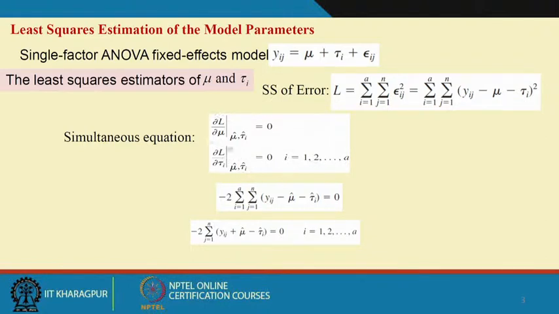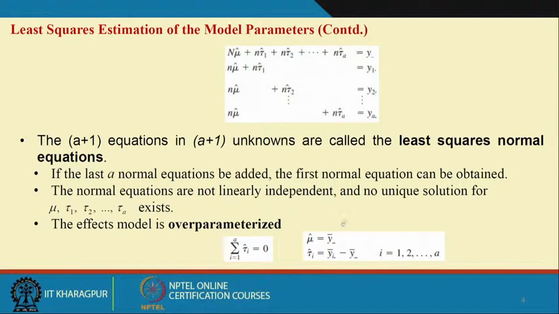So, for the first one, if you take the derivative of this with respect to mu, you will get this equation. Now, if you do the same with respect to tau_i, you will get this equation. Okay. So, how many equations do you have? You have a plus 1 equations, that is what we are seeing here.